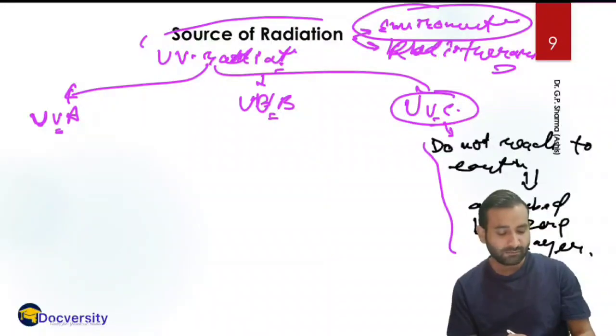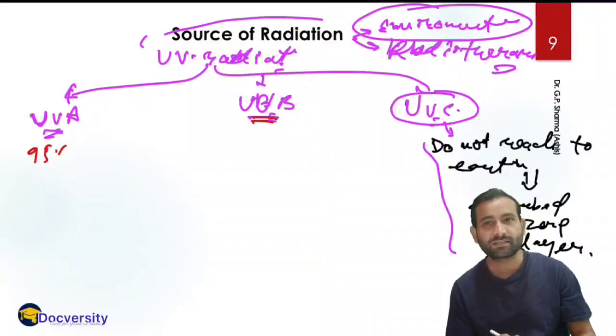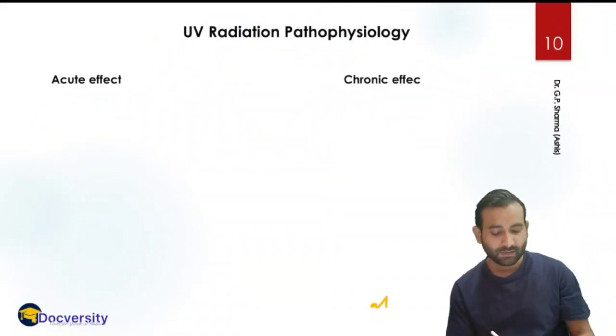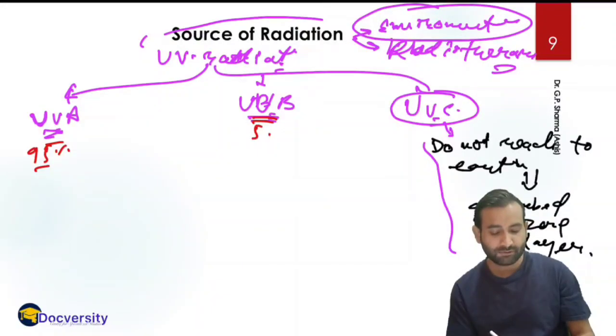Now UVA and UVB, out of the total radiation reaching the Earth, about 95% is type A UV radiation, and about 5 to 10% of the UV radiation reaching the Earth is what? Type B UV radiation. Is that okay?